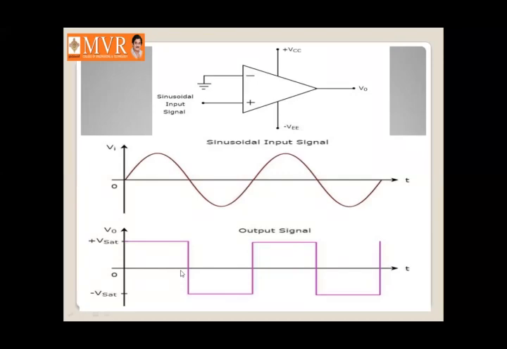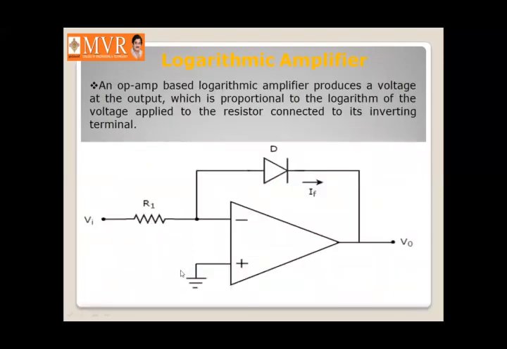Coming to the next application, the op amp as a logarithmic amplifier. Here, how does the op amp perform as a logarithmic amplifier? What is a logarithmic amplifier? Why is it named a logarithmic amplifier?